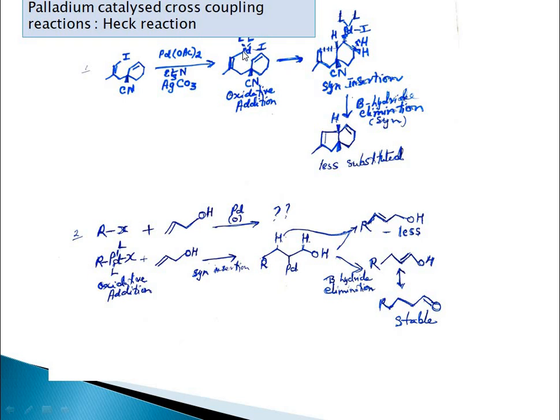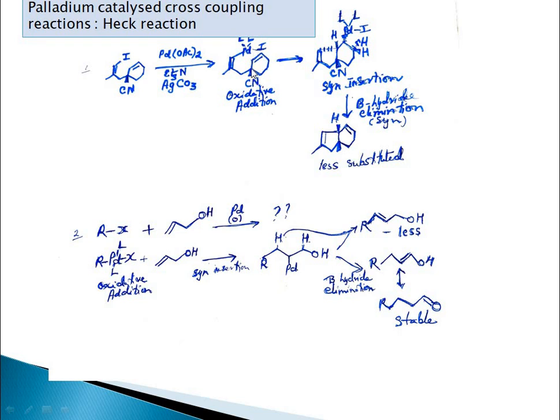Syn means from the same side, and that is the reason why this wedge is being shown here. Wedge means towards us, the CN is towards us, and syn means both bonds will attach along this double bond on the same side.